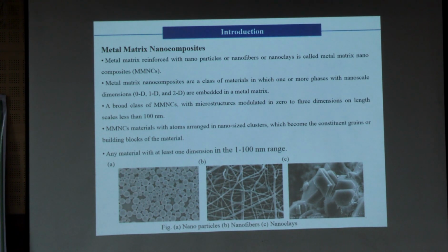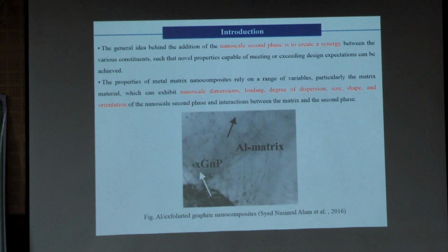Again the filler materials may be particles or tubes or clays, etc. Whatever you want, you can use it. This is actually graphene nanoparticles in the aluminum matrix, and that is the dispersion you can see after the synthesis.